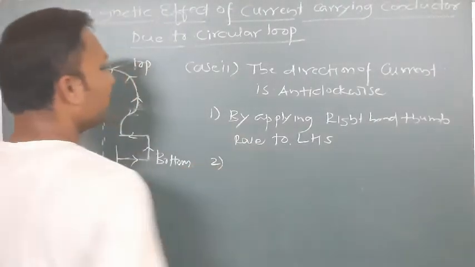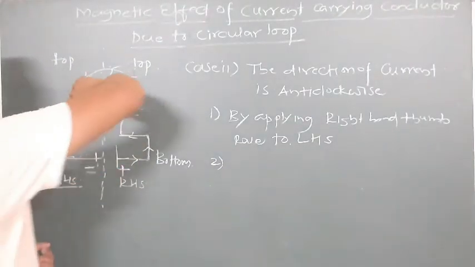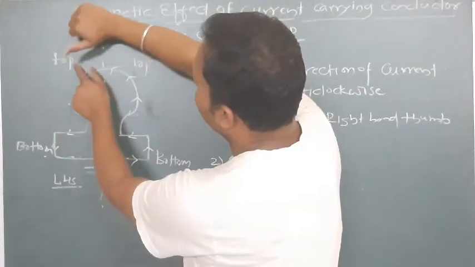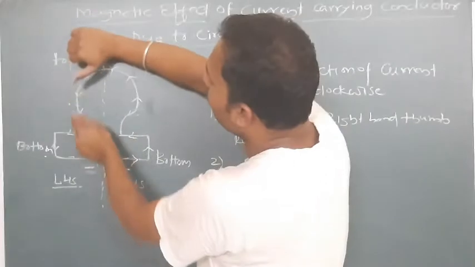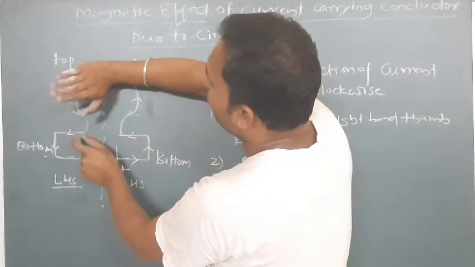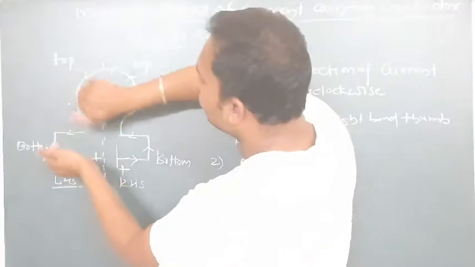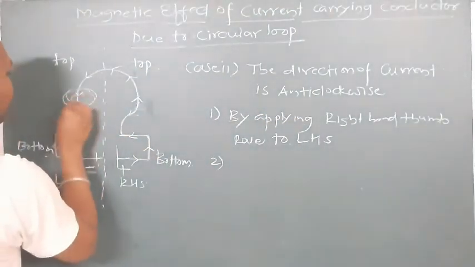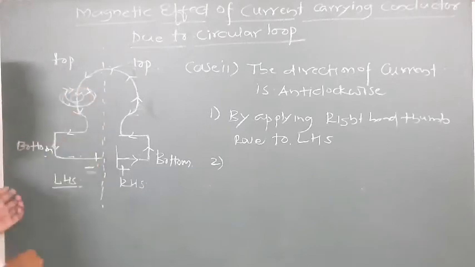Second point, see, now apply the right hand thumb rule here, okay, on the LHS side. So the current is moving from top to bottom here. Once the current is moving top to bottom, the direction of this magnetic field, these wrapped fingers, what is it indicating? See, the circular concentric circles will be formed here, you know it very well, but this will be moved like this.